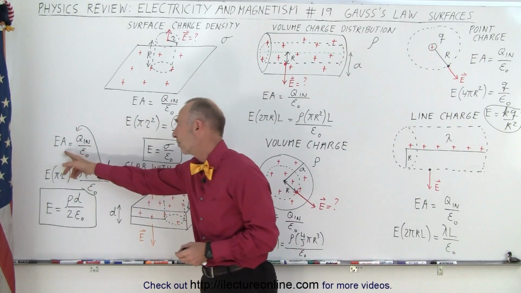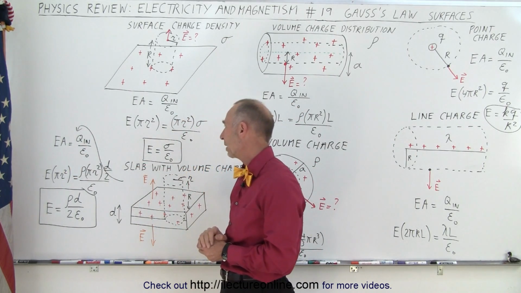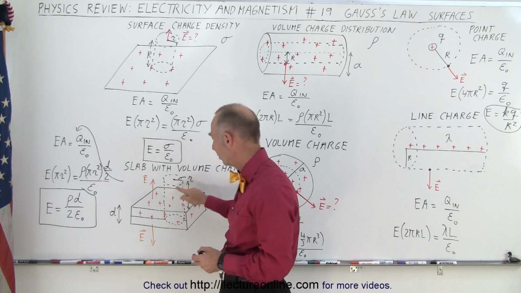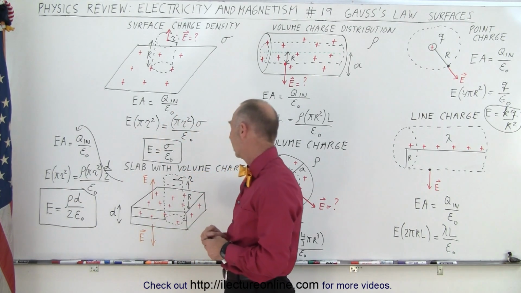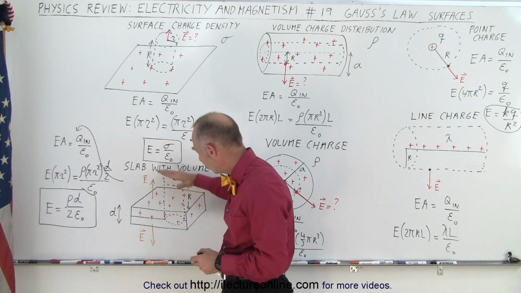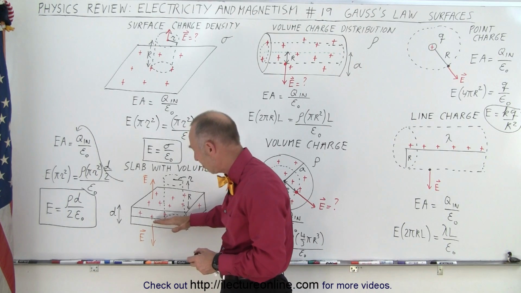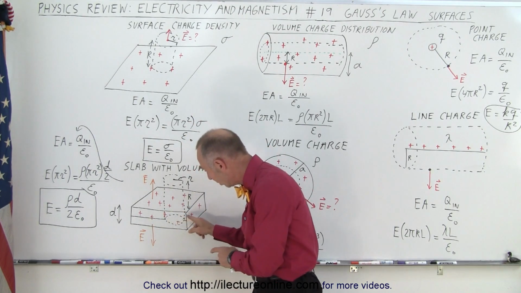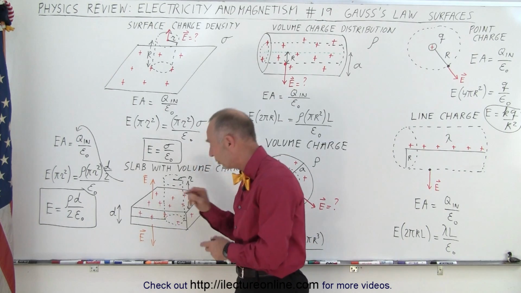And so we go E times A equals Q inside divided by epsilon sub naught. The area, which is the area of the end of that cylinder, is going to be pi r squared. And then the charge inside the Gaussian surface. Now notice the Gaussian surface only goes down to the halfway point. No Gaussian surface below the halfway point, which means we only care about the charge in that portion of the Gaussian surface.